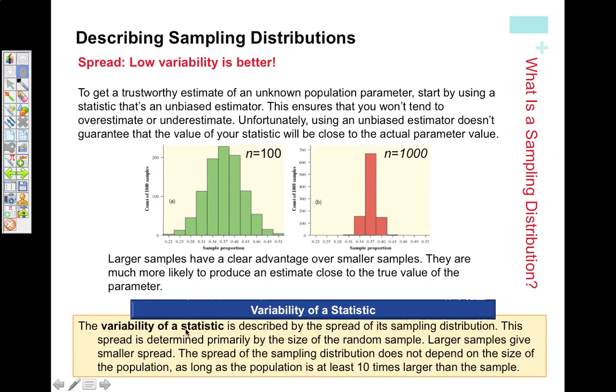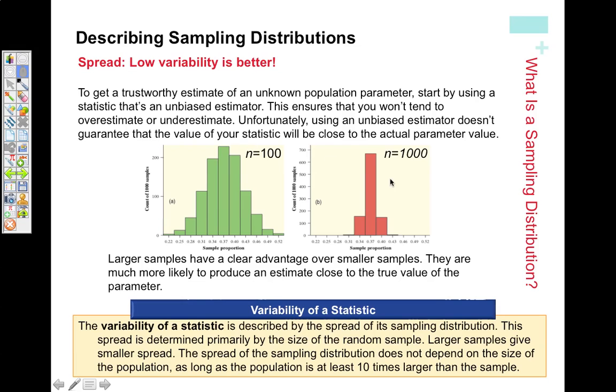So the variability of a statistic is described by the spread of its sampling distribution. So how much variability does this proportion have? Well, it depends on how spread out our sampling distribution is. The spread is determined primarily by the size of the random sample.